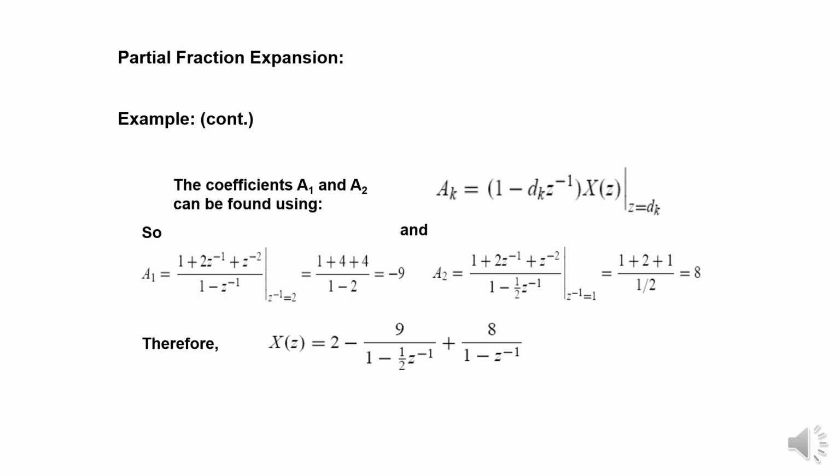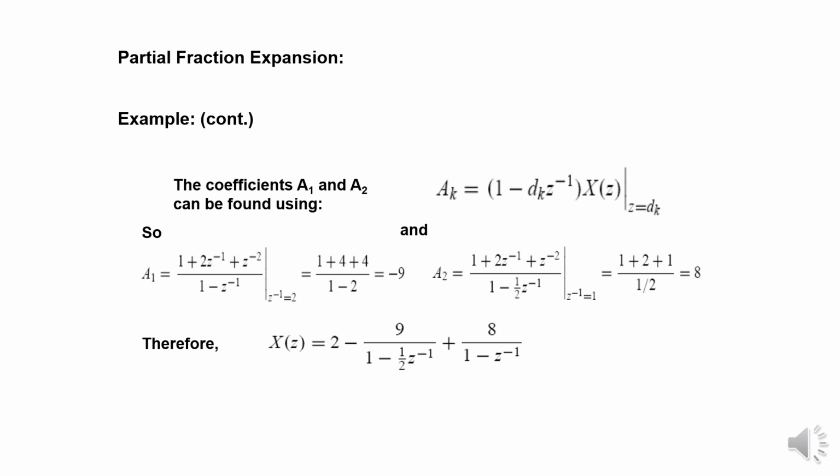So compare with the equation I have given: Ak equals 1 minus dk z to the power minus 1 multiplied by X(z), and substitute z equal dk, right? So Ak means the value that you are getting for the 1 minus dk z to the power minus 1 factor, same as a1 and a2.